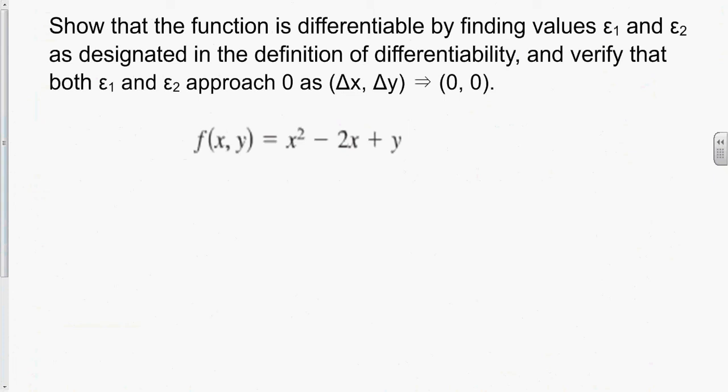So all you do is you start by writing the definition of the increment. You write that out based on the function f. Simplify it, see what you have, and then write that in the form for the definition of differentiability, and you got it.